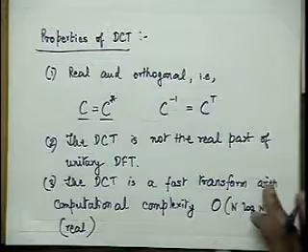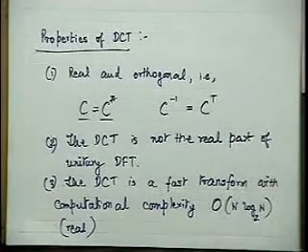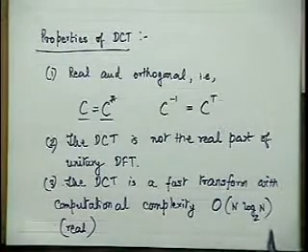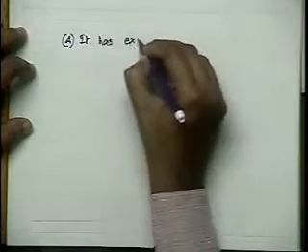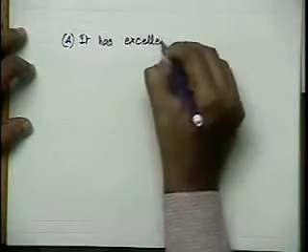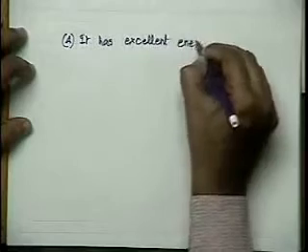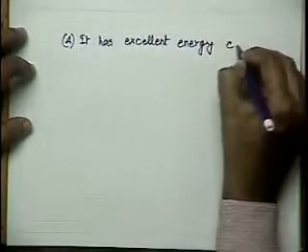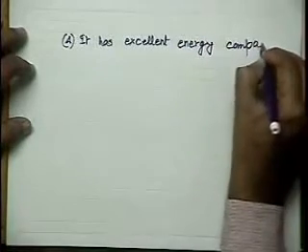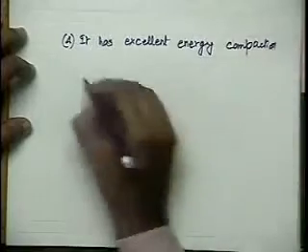And the fourth property, which makes the DCT very useful, is that the DCT has excellent energy compaction. Energy compaction property. What is meant by energy compaction?